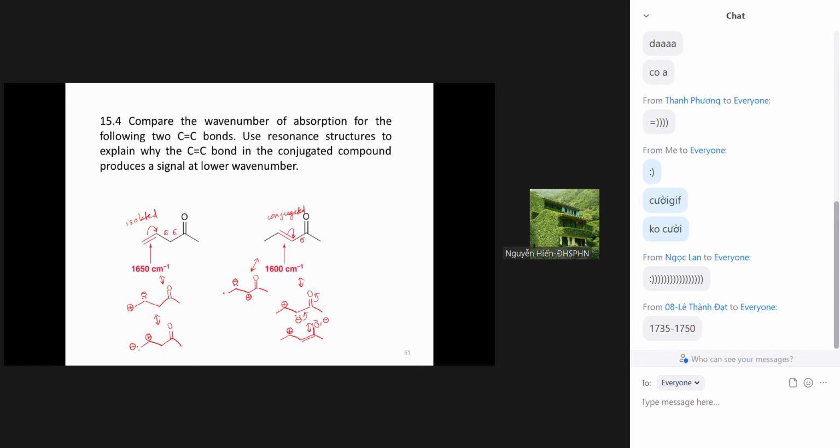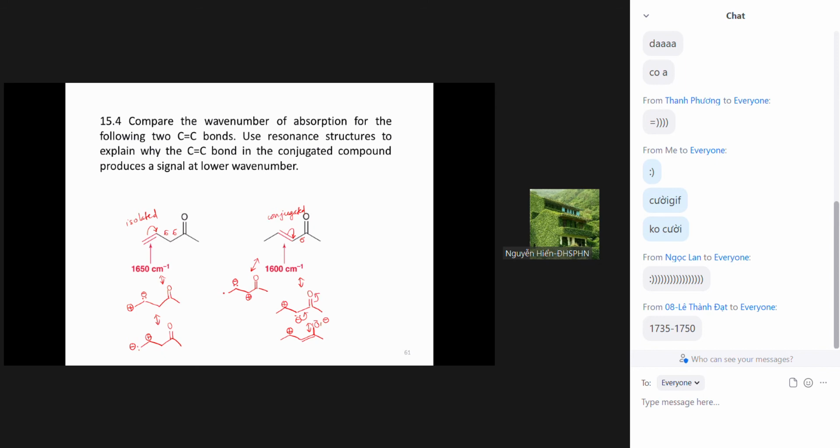So please tell me about the meanings of these resonance structures. What do these resonance structures tell you? First, you have to evaluate the contribution of each resonance structure to the real structure of the compound. Do you think that they are important or not important?